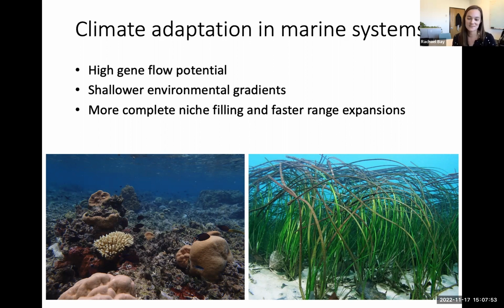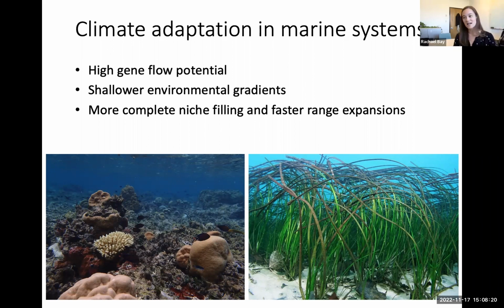The primary reason is that water, rather than the air, is the medium in which all of the organisms live. And this has a couple different consequences. One is that many of the organisms have a small propagule life history stage where they exist passively, or at least mostly passively, in the water column. And this allows them to disperse quite far, which leads to high gene flow potential.